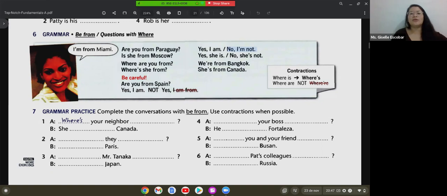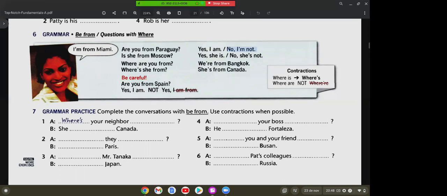Si preguntan algo, si le pregunto, Jim, ¿eres de España? No, soy del Salvador. Normalmente respondemos y luego formulamos un poquito más. Decimos de dónde somos. Entonces, esa es una opción de respuesta. No, I'm not. No, no lo soy. O puede responder, no, I'm not, I'm from El Salvador. Se puede elaborar un poquito más, ¿verdad? Podemos explicar de dónde somos. Ambas opciones.